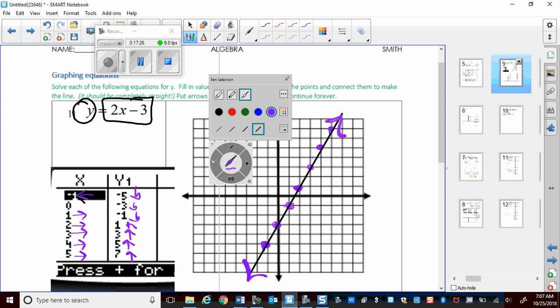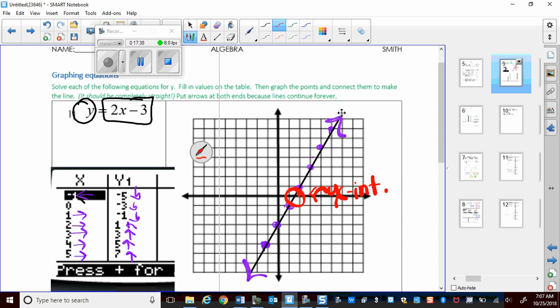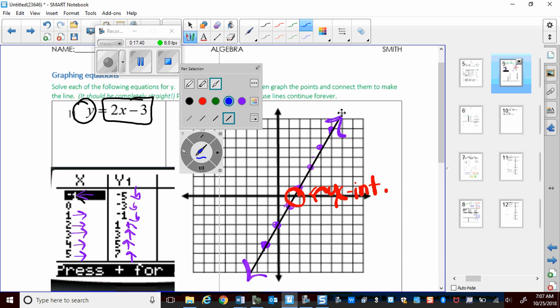Okay, other important things on this line, I want you to go ahead and circle the y-intercept and the x-intercept. So the x-intercept is in red. The y-intercept is in blue.